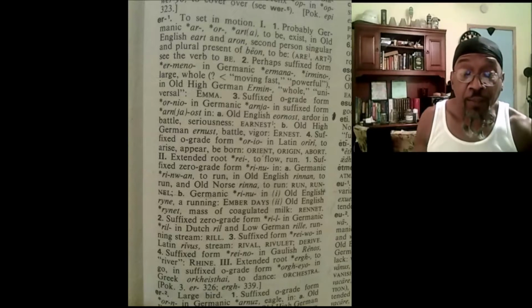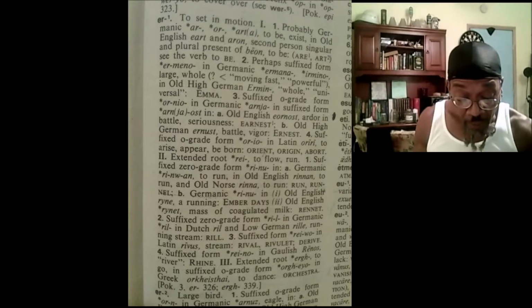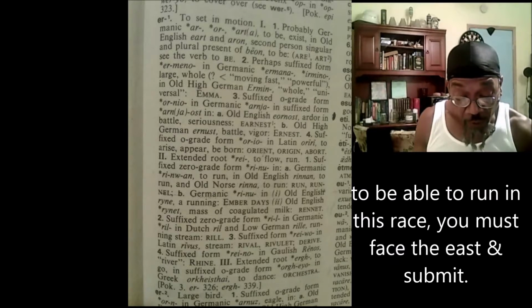That's one thing that people always say about Muslims, that they're serious. Earnest in battle. Born. Origin. It comes down to run. To flow. Read. To run.